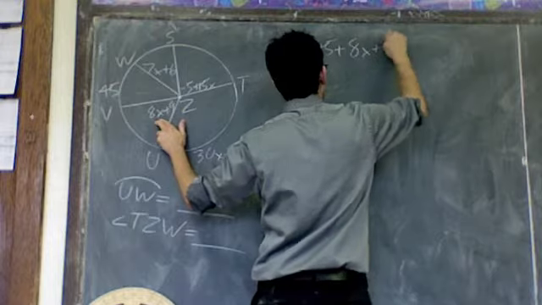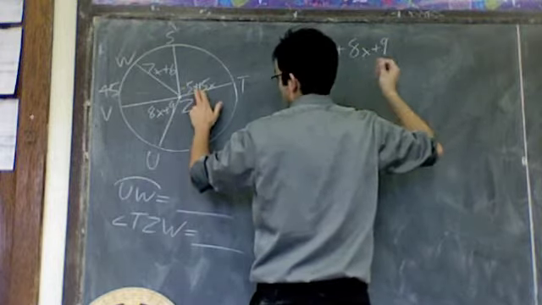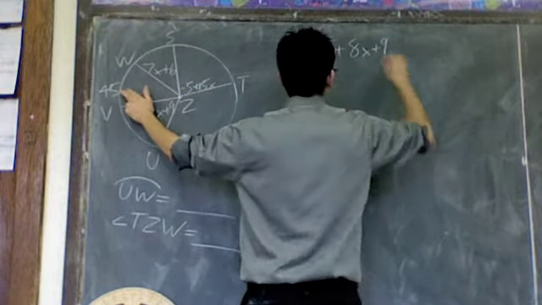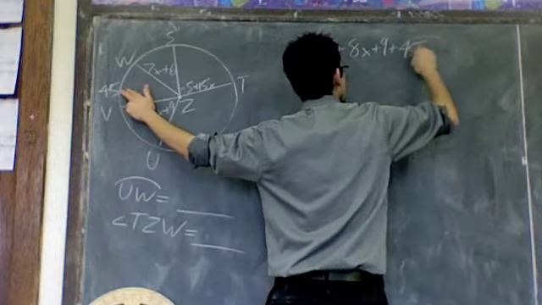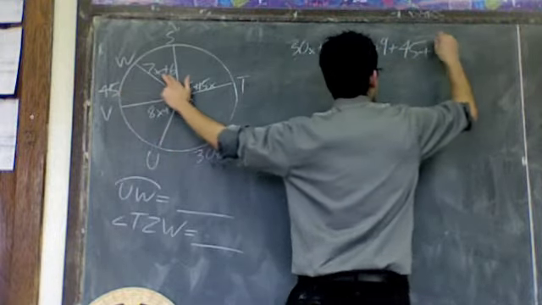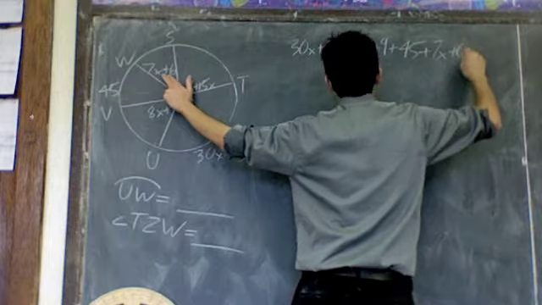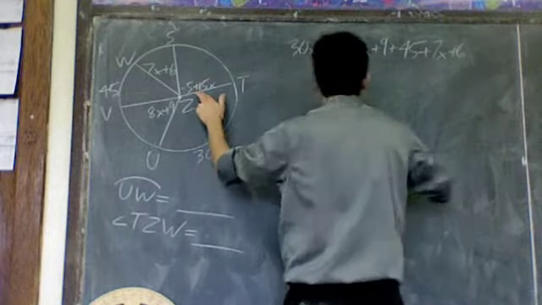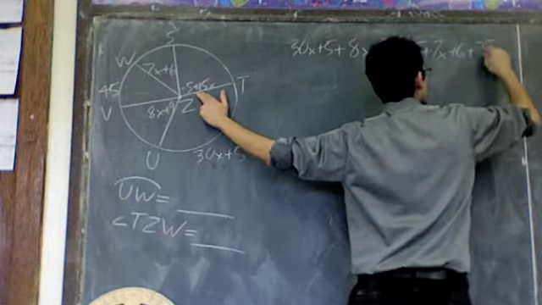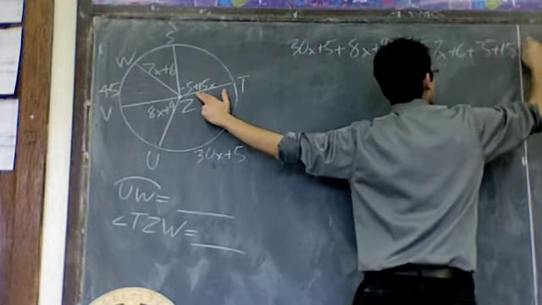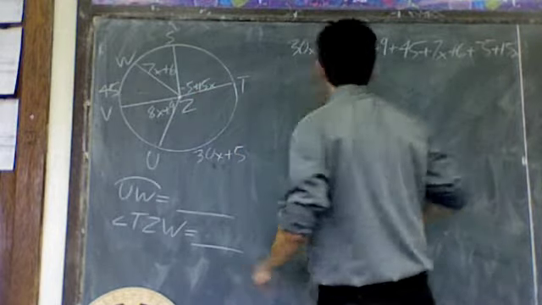I could have added the negative 5 plus 15x next. I'm going to add the 45 now, plus 7x plus 6, plus negative 5 plus 15x, and my answer should equal 360.